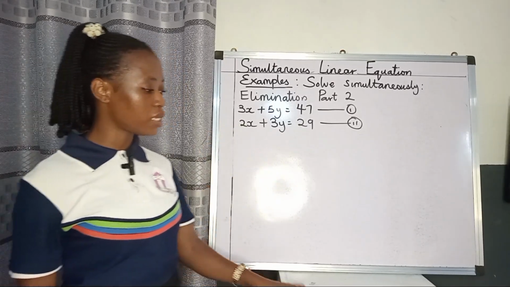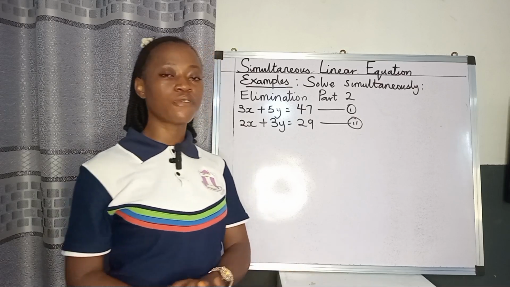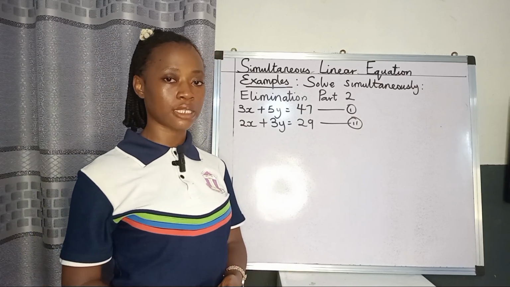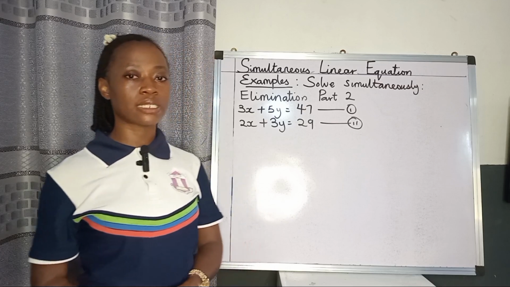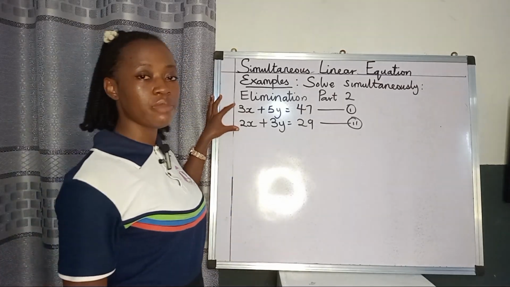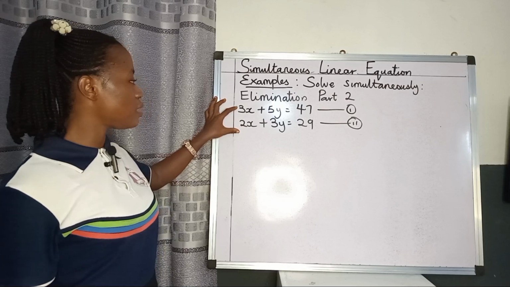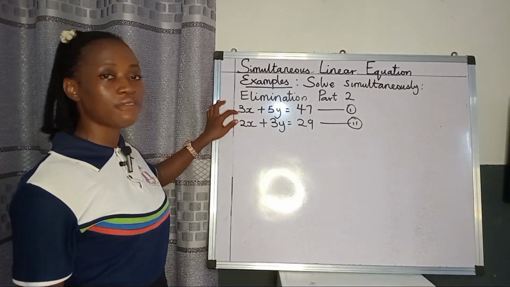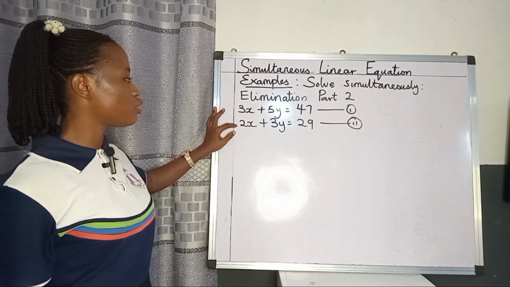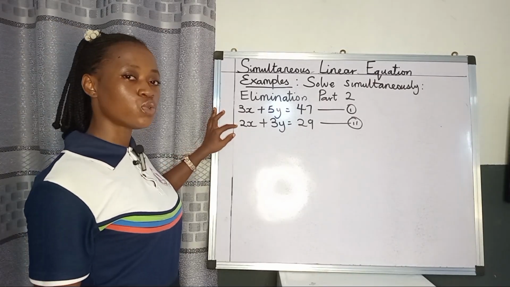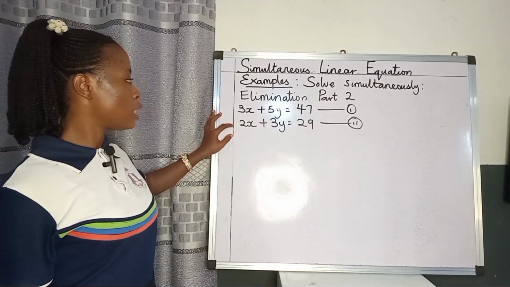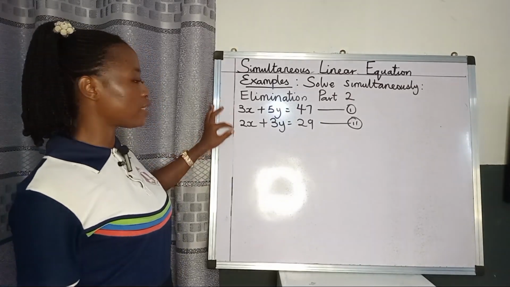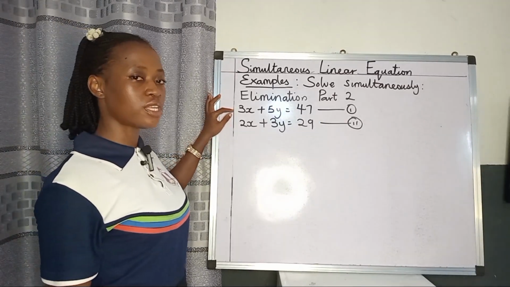Now in this case, we have to first of all choose the variable that we wish to eliminate, okay? Let's say I want to eliminate x. In equation 1, I have 3 as the coefficient of x, and in equation 2, I have 2 as the coefficient of x. So to eliminate x, I need to interchange the coefficients.